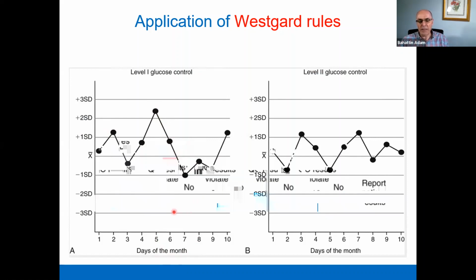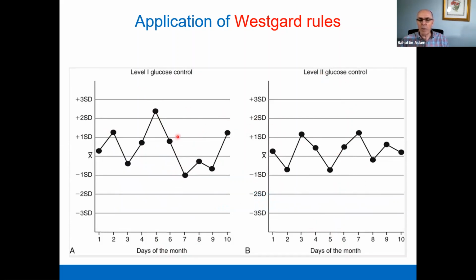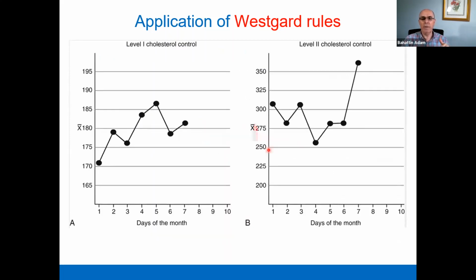However, in the same day, the other control is normal. Therefore, we call this a warning rule, and you will accept this. In the warning rule, only one control is out of the range, the other is normal.